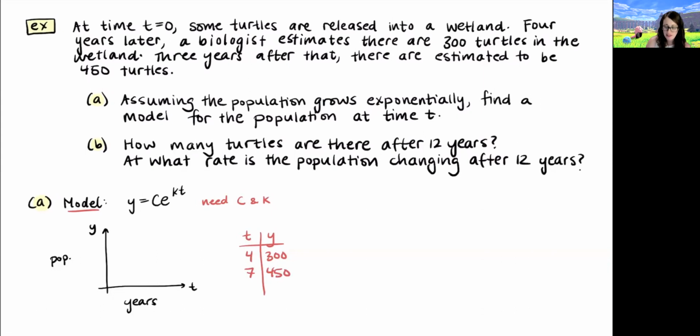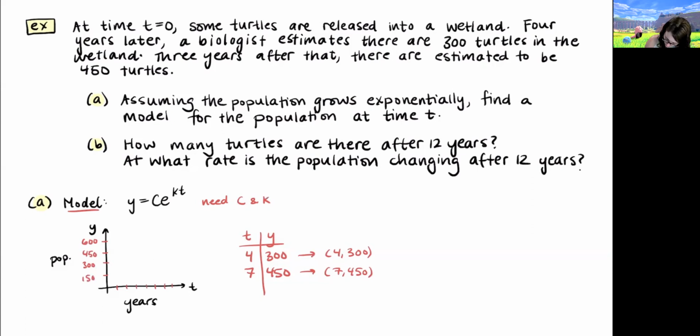Okay, so let's plot these points here. This point would be (4, 300), and this point would be (7, 450). So we'll do 1, 2, 3, 4, 5, 6, 7. And then we've got some population here that goes up to maybe 600. So here's 600, here's 300, here's 450, here's 150.